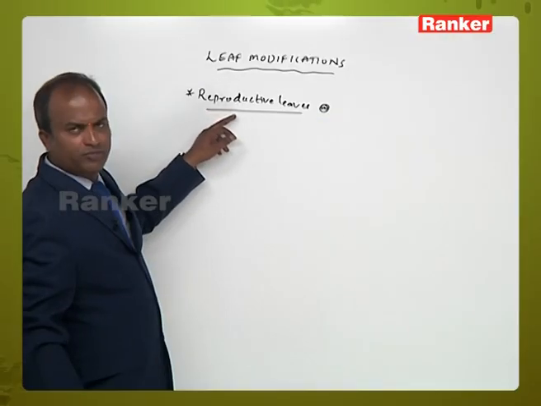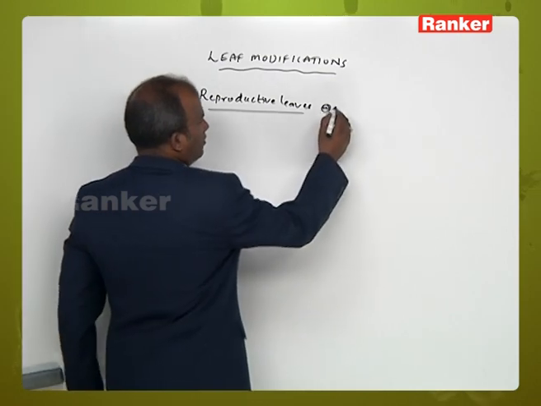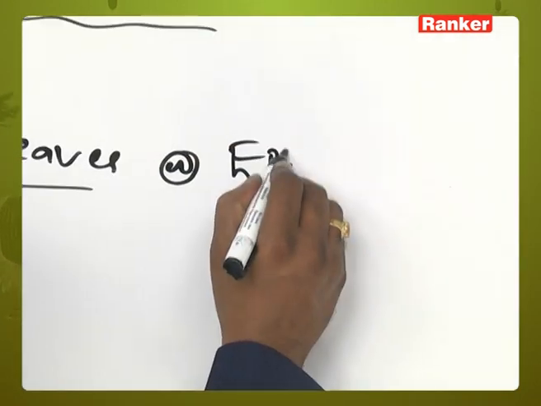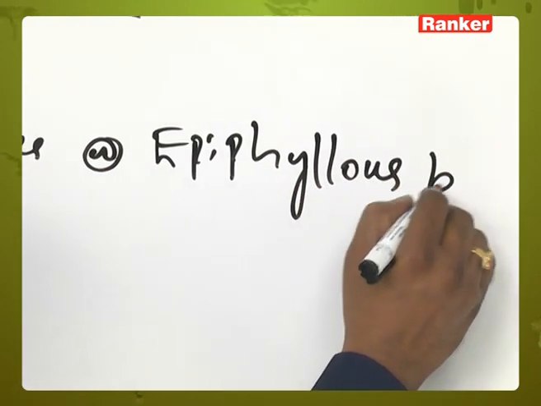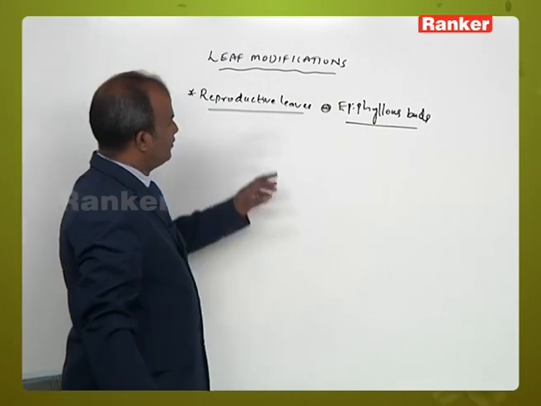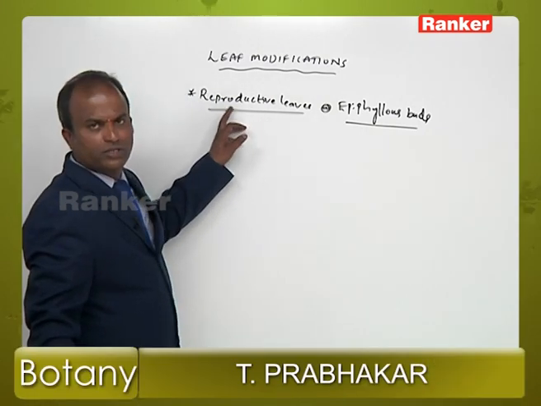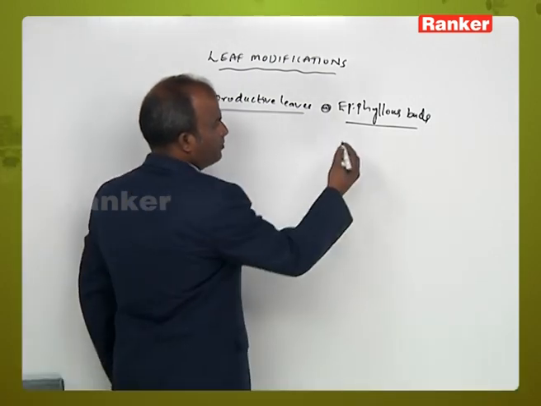So the last leaf modification is reproductive leaves, also called epiphyllous buds. The leaves which play an important role in reproduction are called reproductive leaves. Why are they called epiphyllous buds?